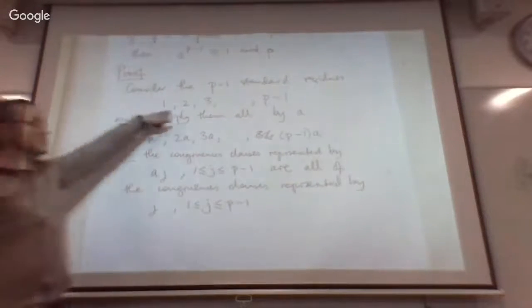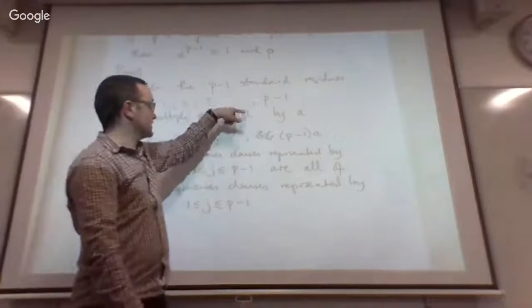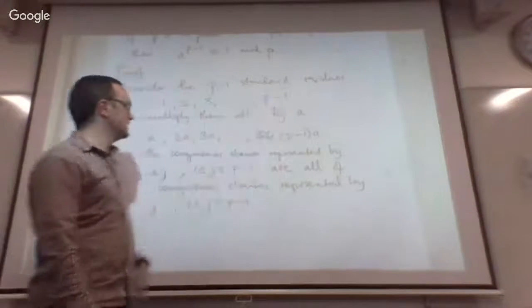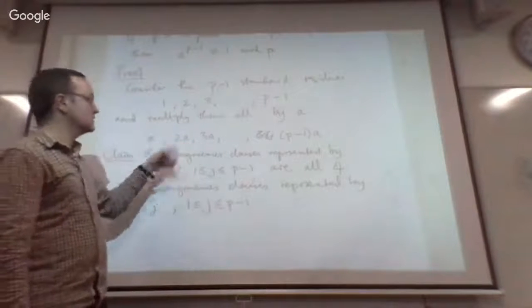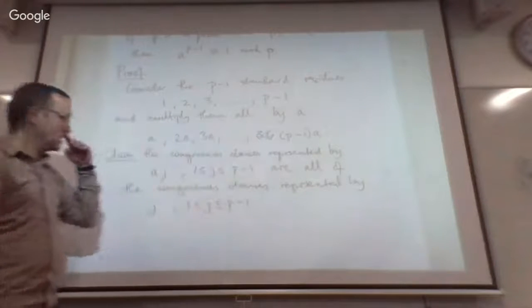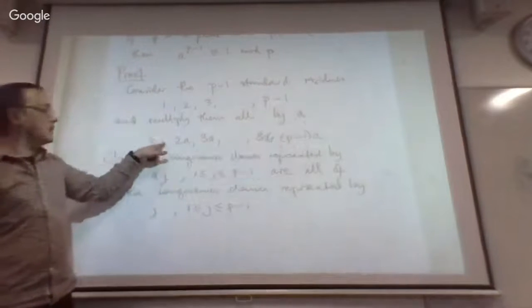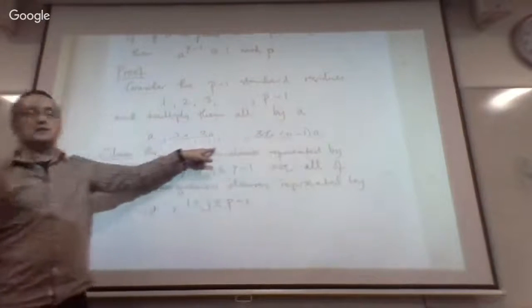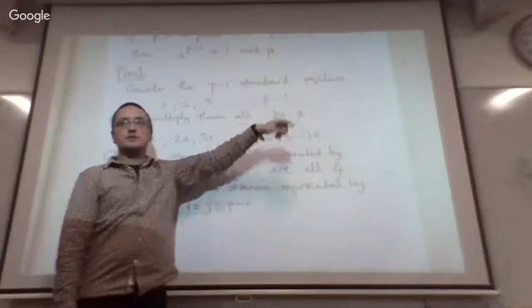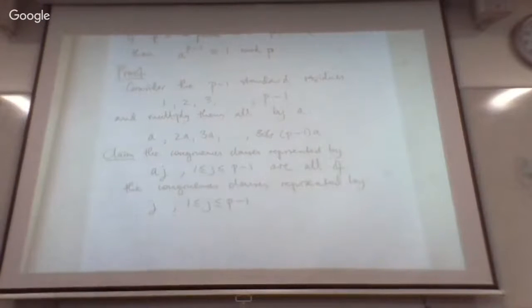Here we've got J for every J between 1 and P minus 1. Here we've got A times J for every J between 1 and P minus 1. But the claim is, you look at all the congruence classes represented by these P minus 1 numbers here. It's all of these ones. You don't miss any out.